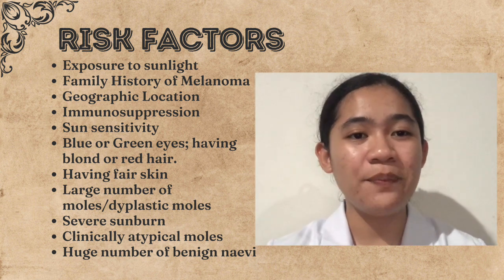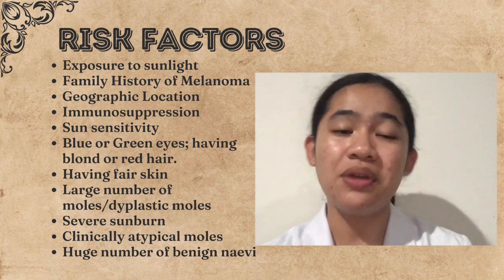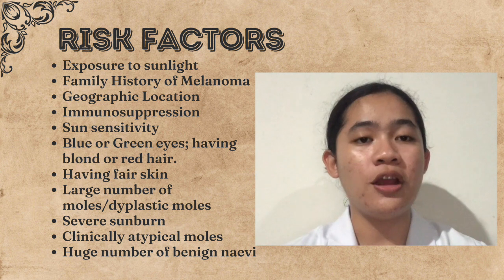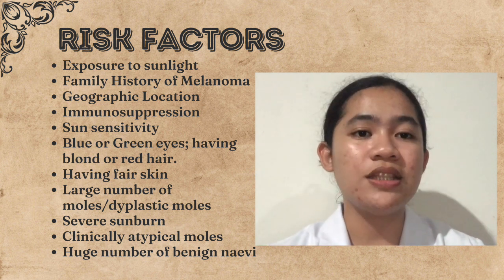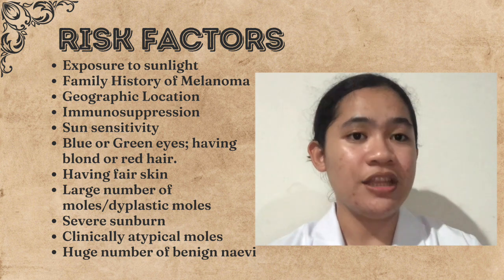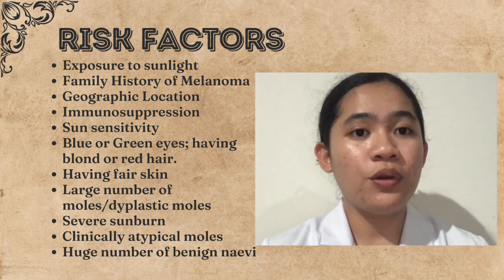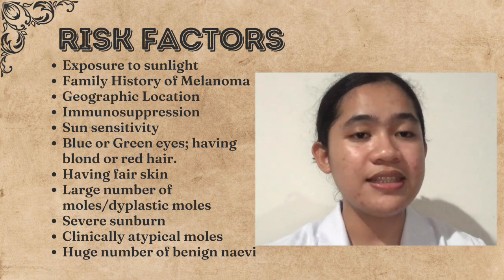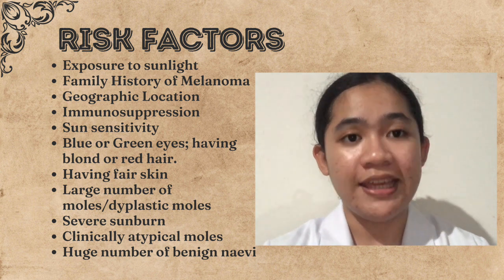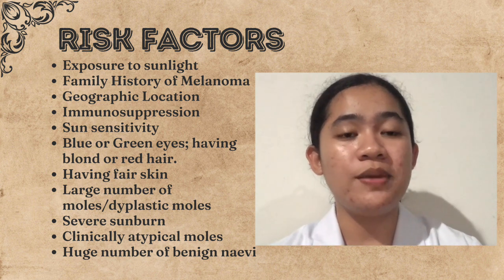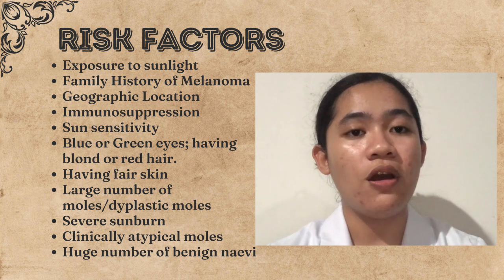And aside from the aforementioned risk factors, we also have being fair-skinned as a factor influencing the occurrence of melanoma in a person. Fair-skinned individuals are at risk for melanoma because they have lesser melanin production in their bodies, and this melanin is supposed to be a protective layer on their skin.